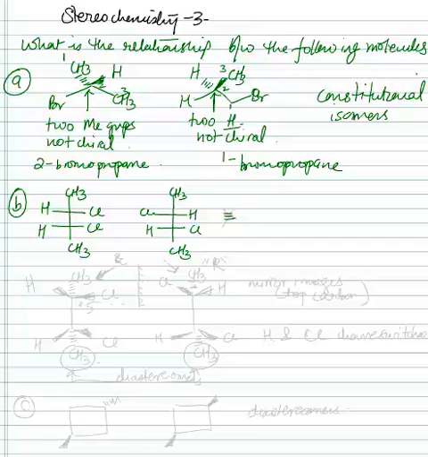And so the first one, let me draw it down here. You draw the 2 carbons, then the CH3 is going to the back, the chlorine is coming out, hydrogen is also coming out. Again here, the CH3 is going to the back, hydrogen is coming out, and then chlorine is also coming out.